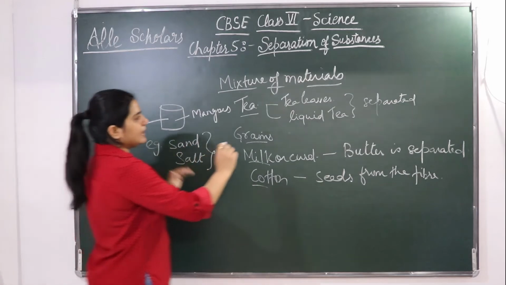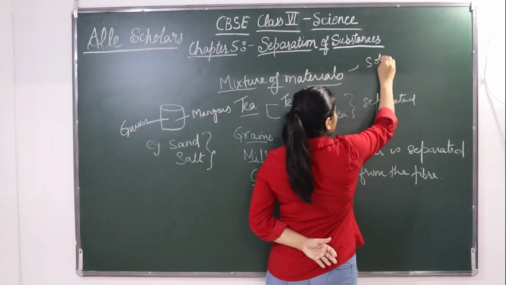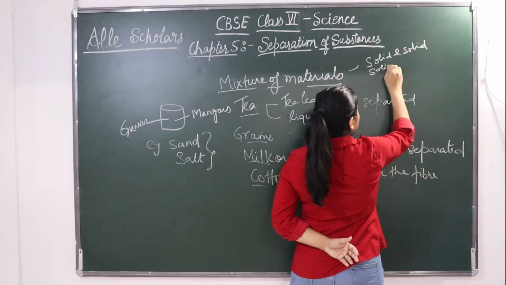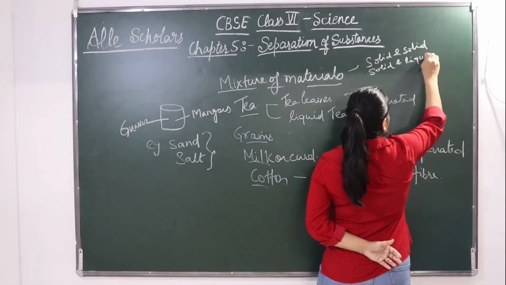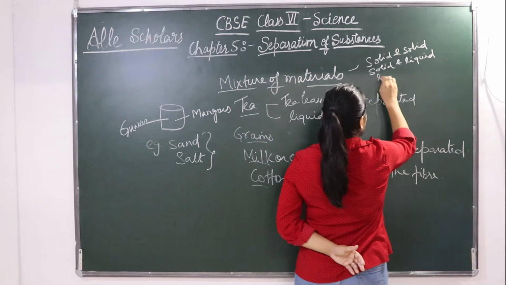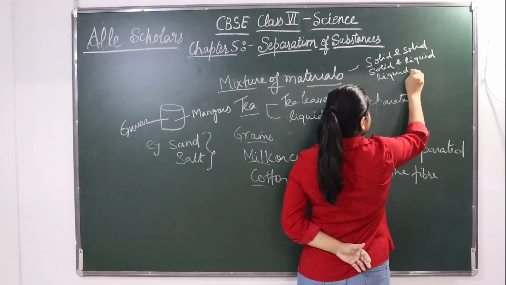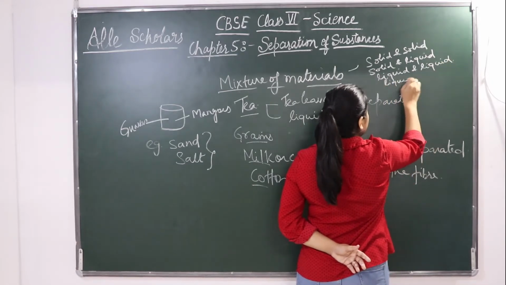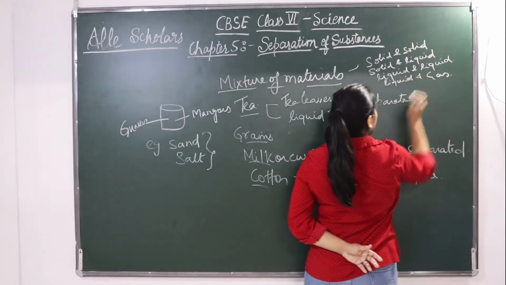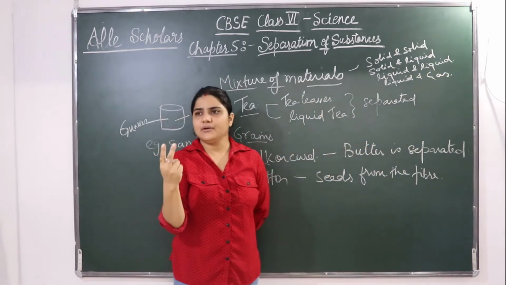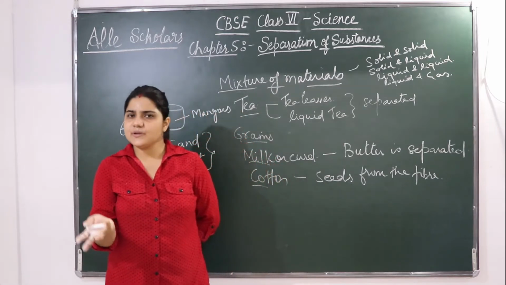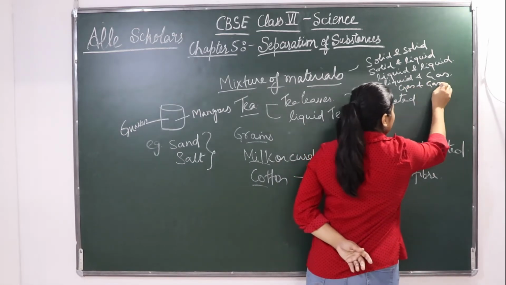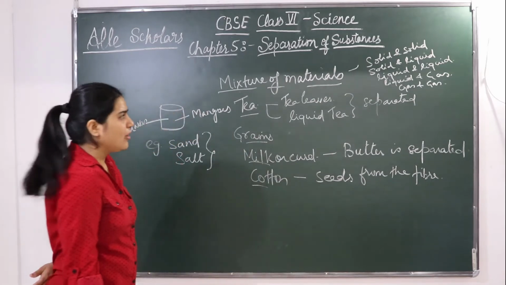These materials can be solid and solid, solid and liquid, liquid and liquid, liquid and gas, or if suppose you are given two gases like nitrogen and sulfur and you have to separate both of them, that separation can also be done, gas and gas. So like this separation can be of anything.